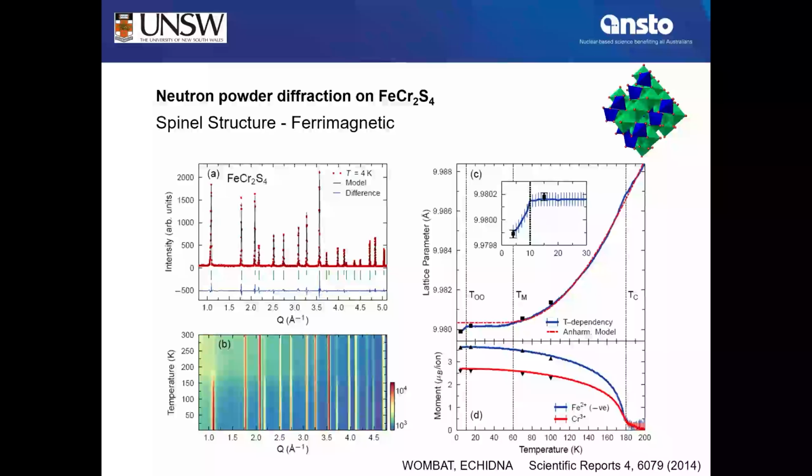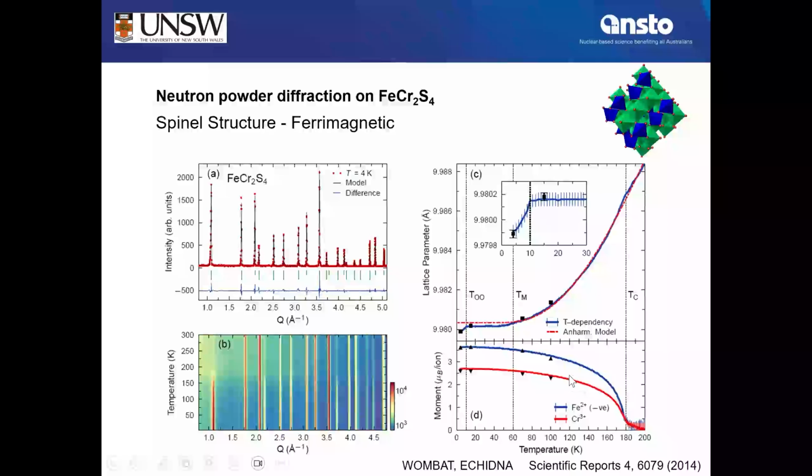From the magnetic Bragg peaks, we managed to extract the magnitude of the magnetic moments, not only the spin directions and type of magnetic order, but also the spin moments, magnetic moments on the chromium and the iron positions.